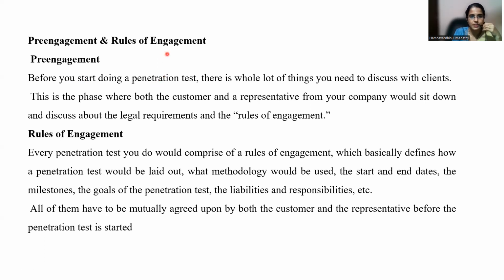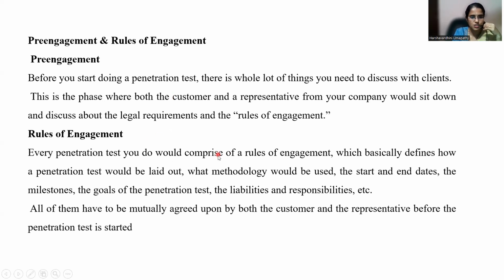Before starting a penetration test, there are a lot of things to be discussed with the company or organization. In this phase, both the customer and the representative of the company sit down and discuss the legal requirements, which we call the rules of engagement. The customer can also be called the pen tester.